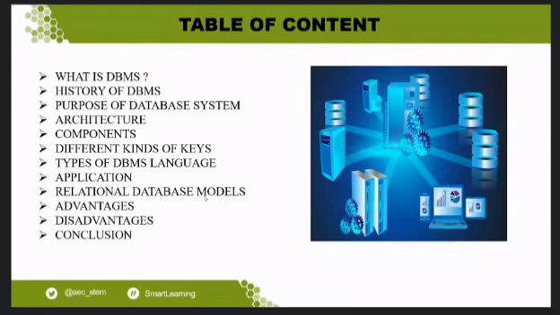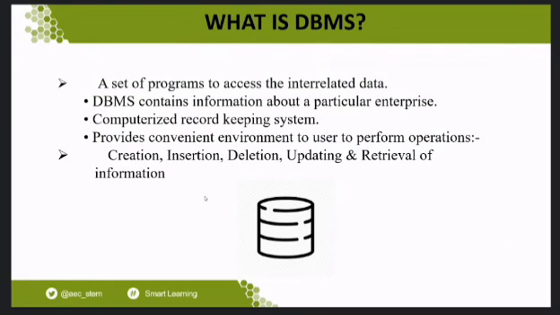In this session, we are going to see what is DBMS, history of DBMS, purpose of database system, architecture, components, different kinds of keys, types of DBMS language, application, relational database models, advantages, disadvantages, conclusion. Now we see what is database management system.